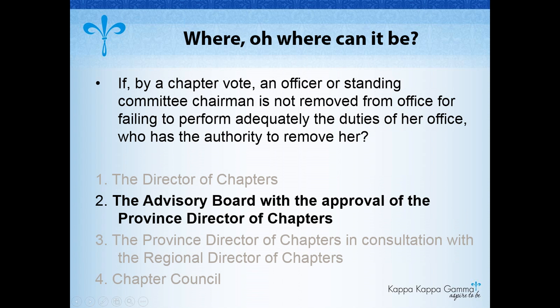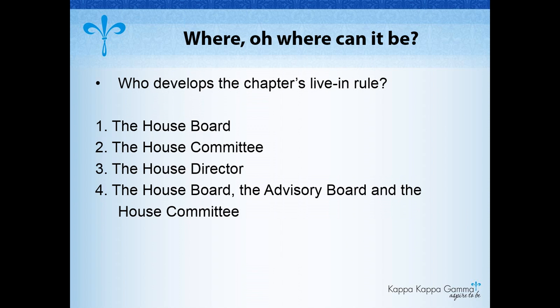Excellent. The 40% win. The advisory board, with the approval of the province director of chapters, have the authority to do that. And you can find that answer in Bylaws, Article 2, Section 9A. So good job. One more question.